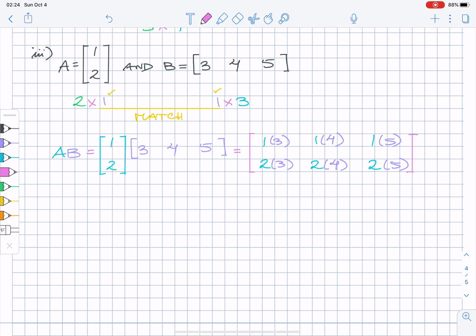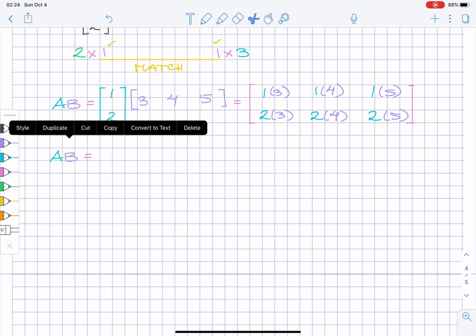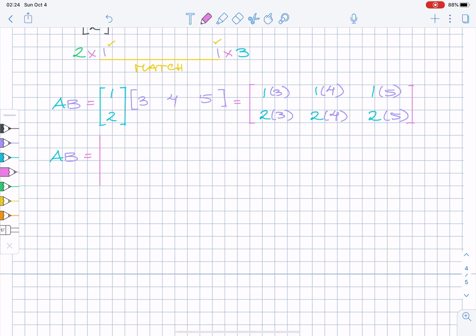And is that true? If I take the first row with the first column, it's 1 times 3. Yep, looks like it works. So I claim that AB is going to be equal to 3 and 6 in the first column, 4 and 8 in the second column, 5 and 10 in the third column. So there we are for that one.